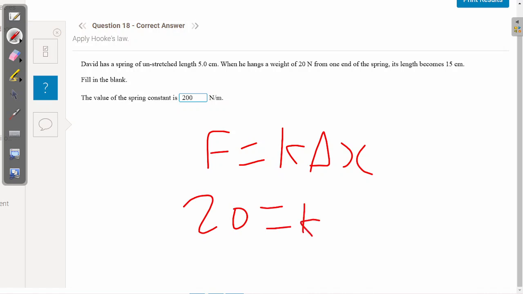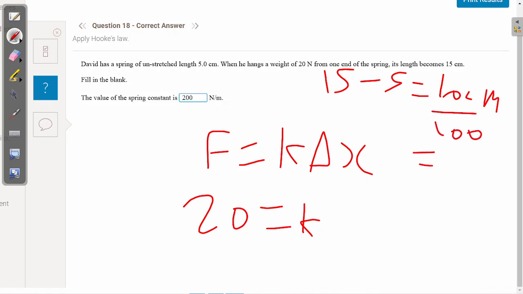For delta x, you do the final length minus initial length. So 15 minus 5, you will get 10 centimeters. To convert the centimeters, you divide by 100. So 10 over 100 will be 0.1. So k times 0.1, divided by 0.1, you'll get k equals 100.